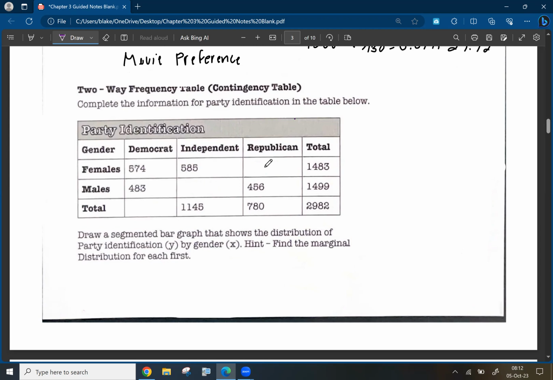To fill in these gaps, for females, for example, these Democrat, Independent, and Republican numbers should add up to 1483. So if I take the difference between the total 1483 and the 574 and the 585, I get 324.